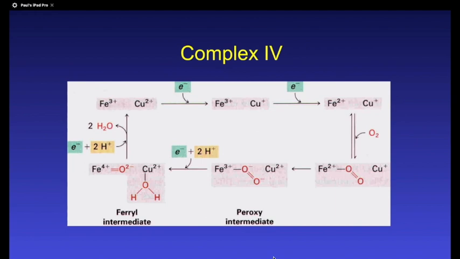But we throw in 1 electron, which comes from cytochrome C, and the copper accepts the electron. Then we throw another electron into the system, again coming from cytochrome C, and we get the 2+ iron and the 1+ copper. It creates just enough coordination that oxygen binds into it, but not perfectly.